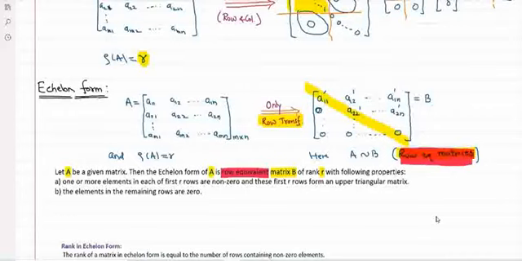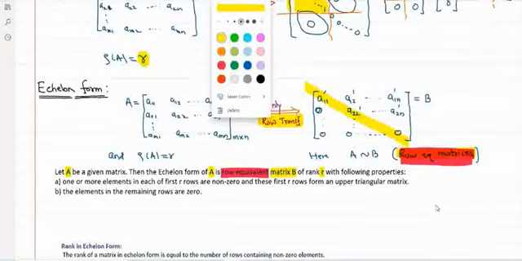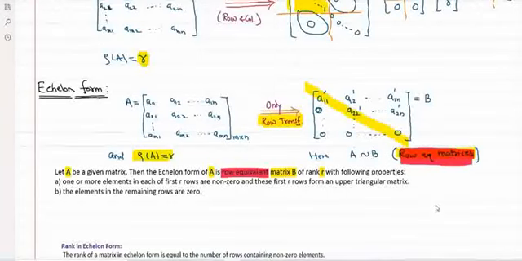The first condition says that in the first R rows, meanwhile I will use some Marathi words also, where does R come from? R is nothing but the rank of the matrix. That is the assumption. So the first R rows form an upper triangular form.